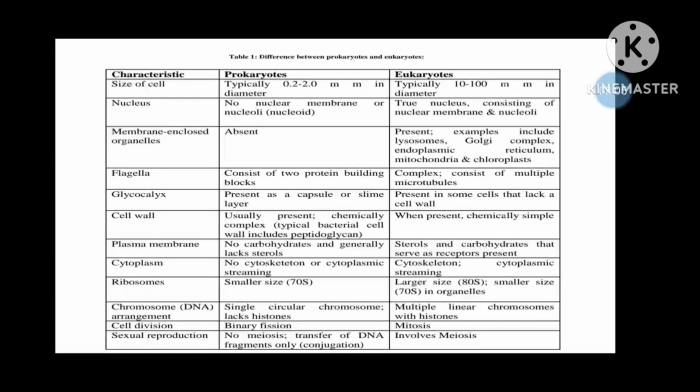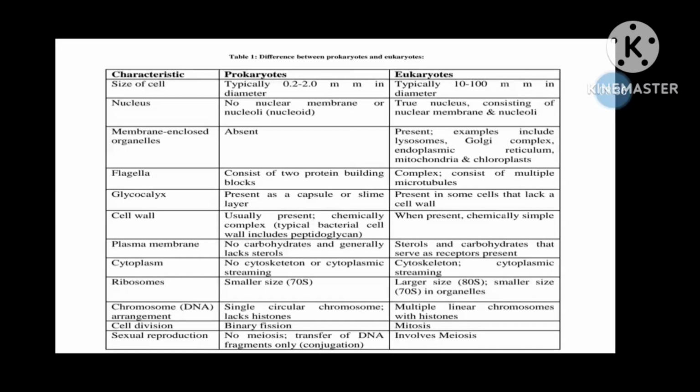Nucleus. In prokaryotic cells, no nuclear membrane is present, but in eukaryotic cells, a true nucleus consisting of nuclear membrane and nucleoli is present. Next, membrane enclosed organelles. You know that in prokaryotic cells, the cell organelles are absent, means membrane enclosed organelles are absent.